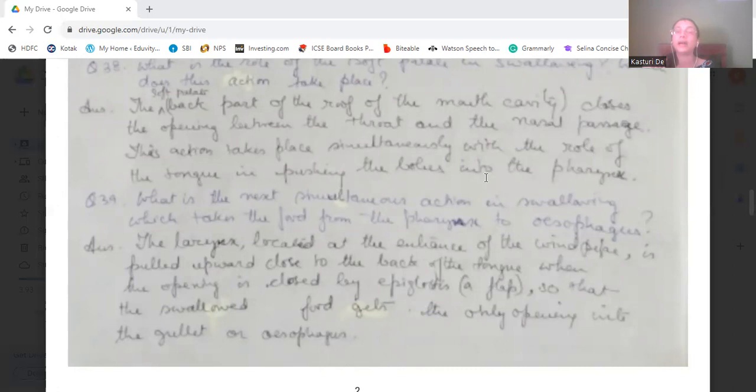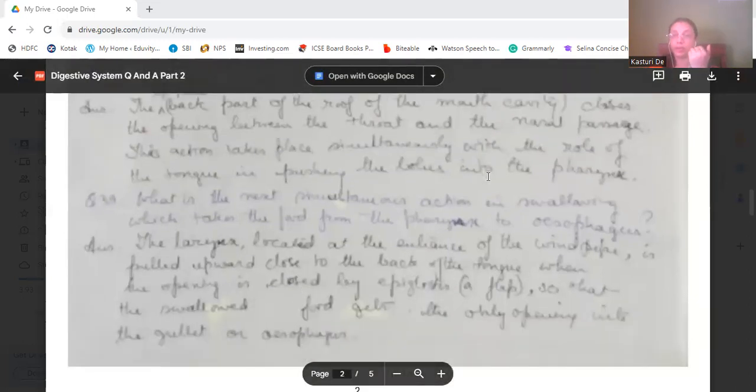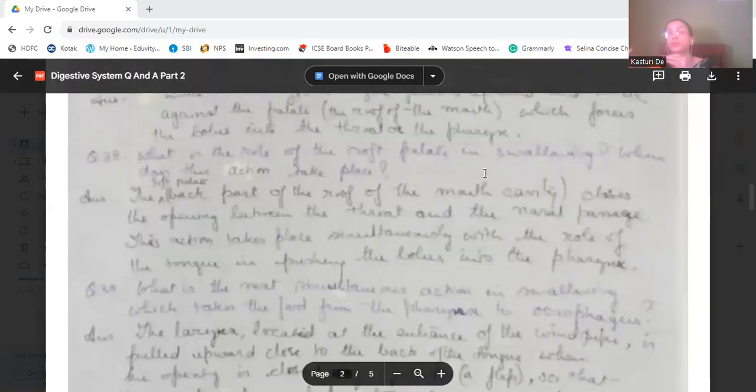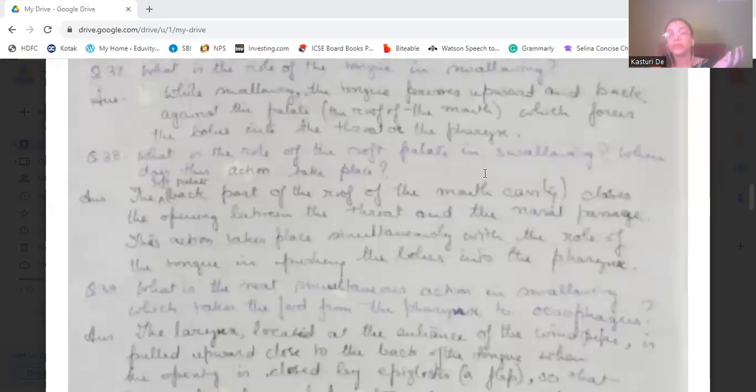So what happens? First, when we are swallowing the food, the tongue presses on the hard palate upward and backward. Now the bolus moves towards the throat. Then the soft palate closes the opening between the throat and the nasal passage, so the food will not go into the nose.